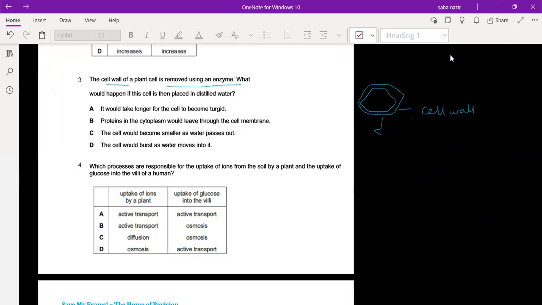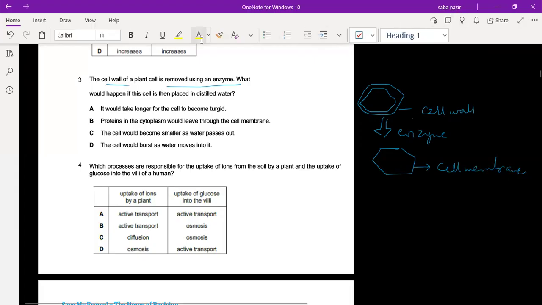So if we apply a certain enzyme to remove the cell wall, the cell will only be covered with cell membrane. This is the condition given to us. We always need to consider what condition is given, right?